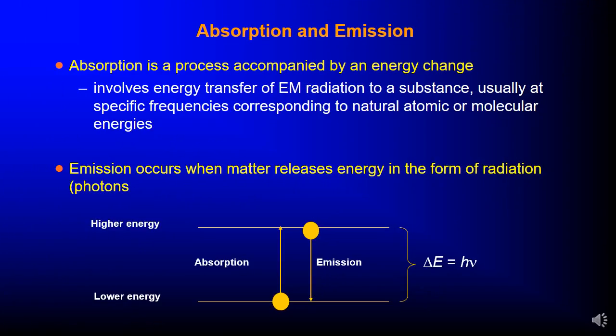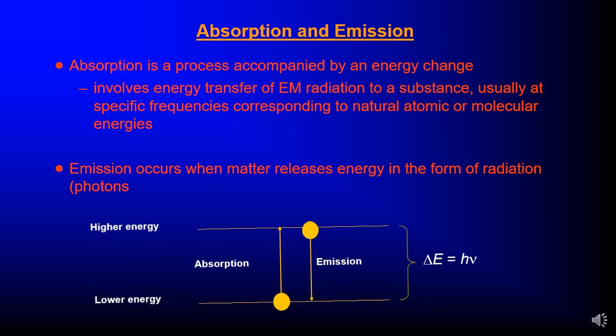Then we have absorption and emission. Remember, one of the interactions was absorption. It involves energy transfer of electromagnetic radiation to a substance, usually at a specific frequency corresponding to natural atomic or molecular energies.